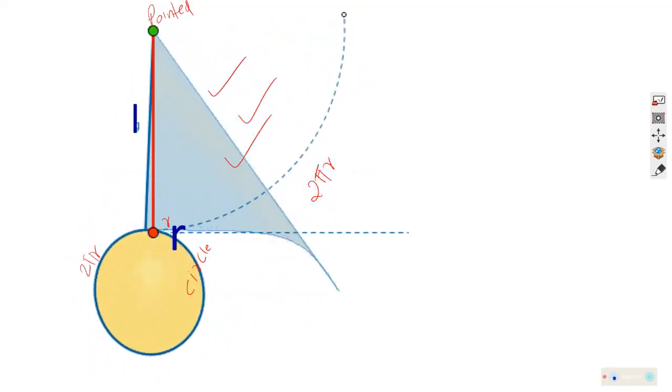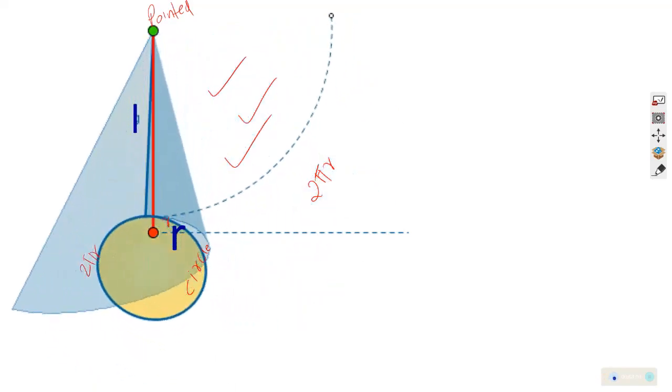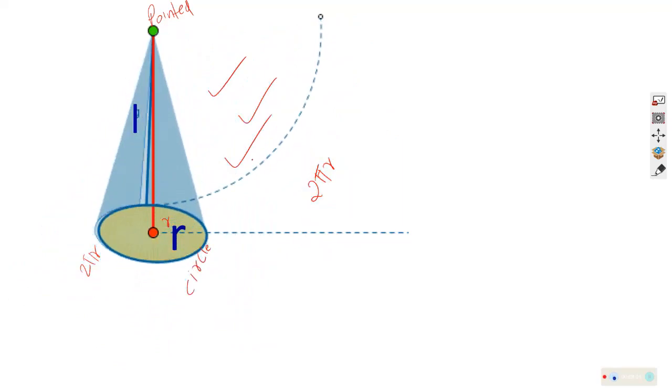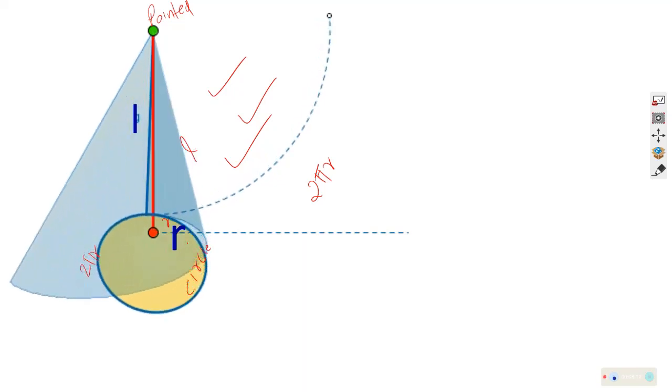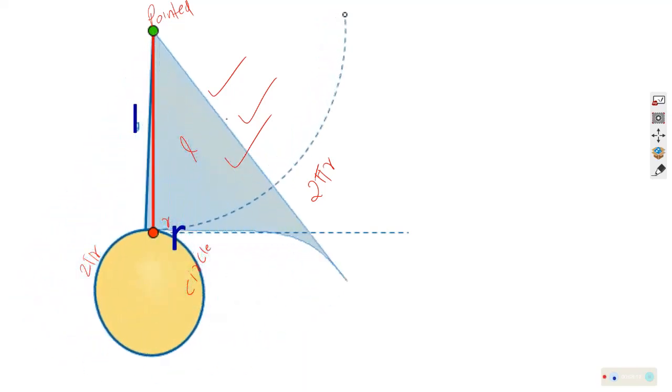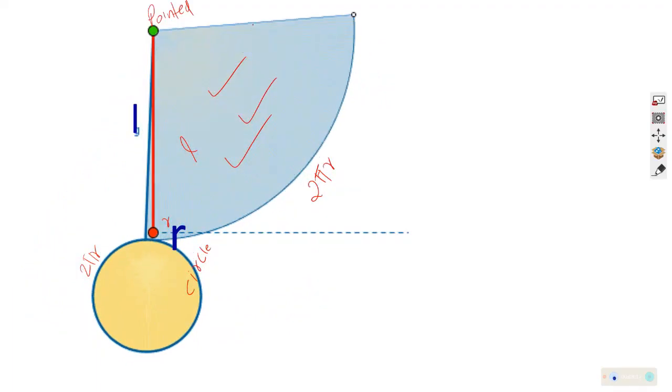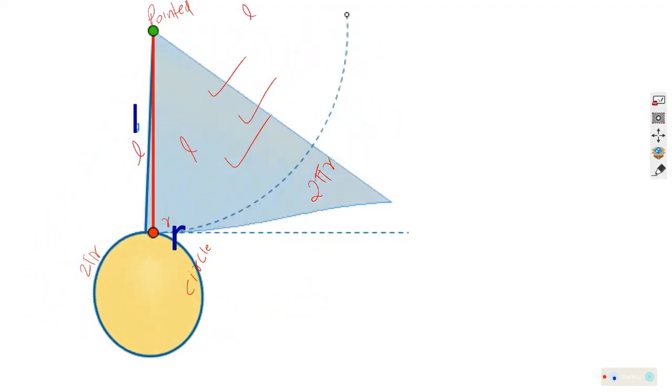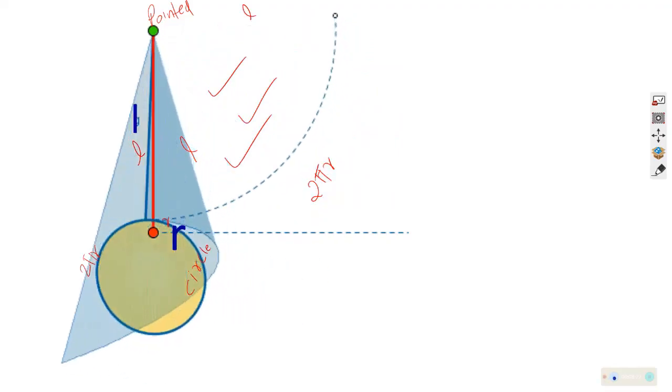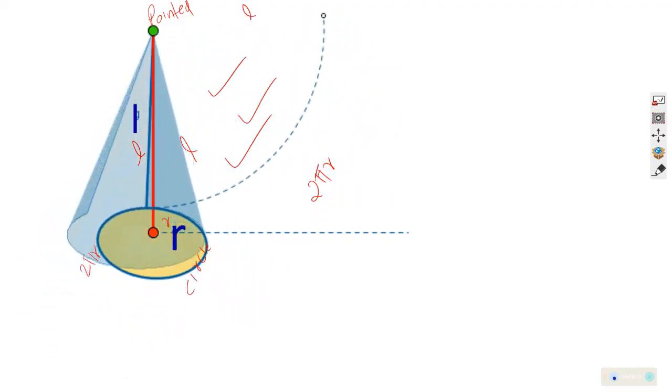That much is clear. Now when it remains in the form of a cone, this is equal to the slant height. This becomes the slant height now, right? So we have 2 pi r and L as the sides of this particular structure.